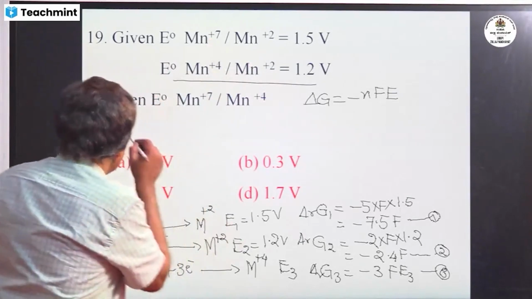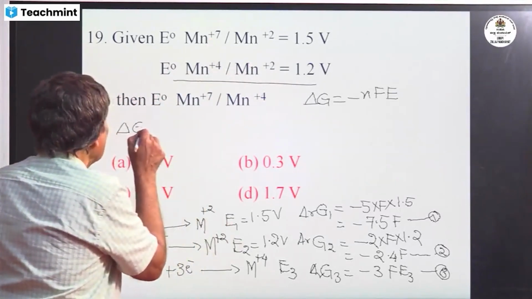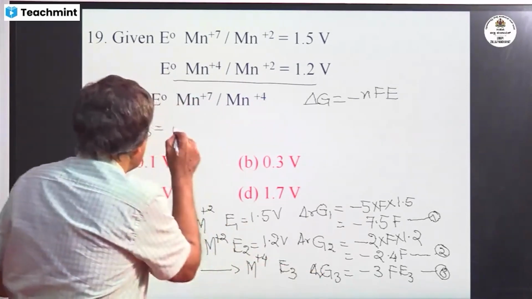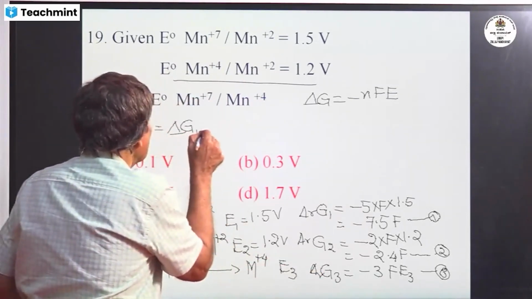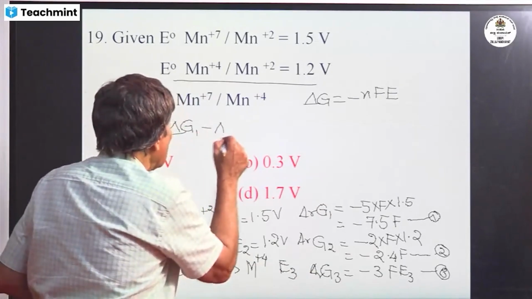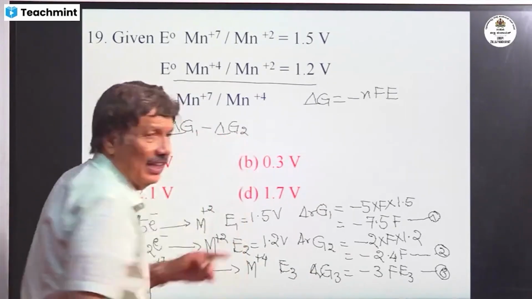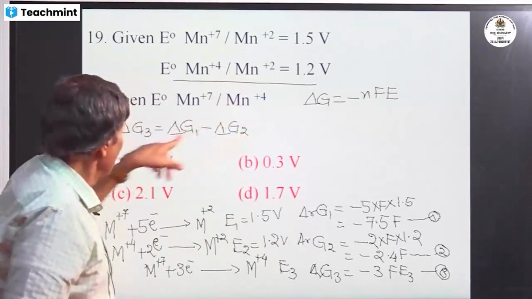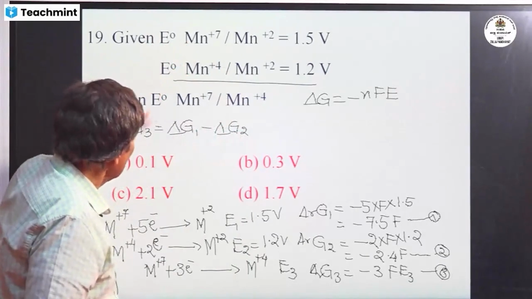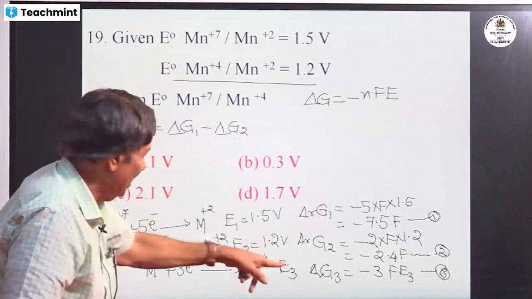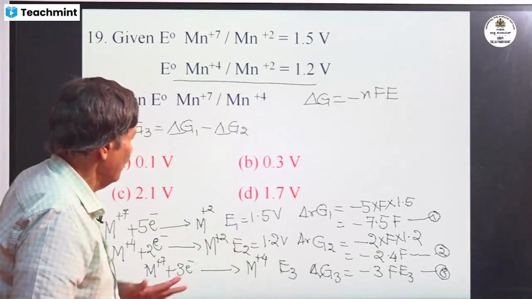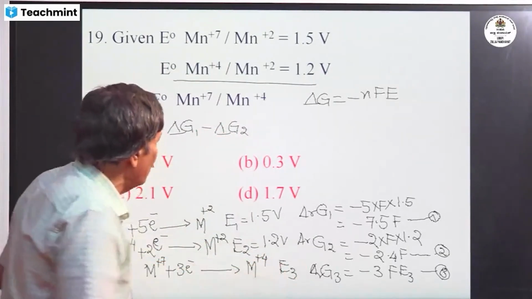So delta G3 is equal to delta G1 minus delta G2. Equation 1 minus 2 gives the third one. Delta G3, what shall I put?